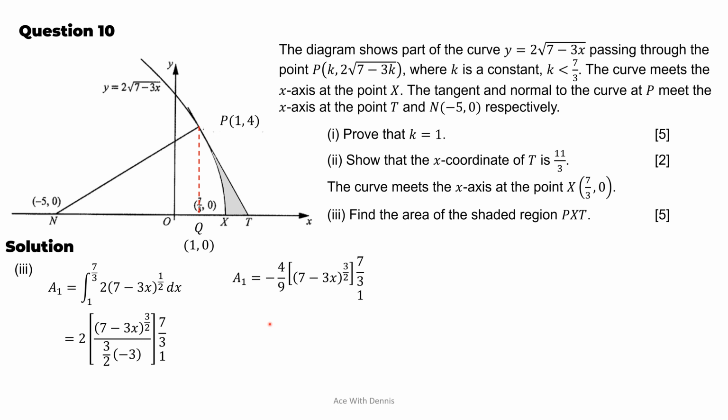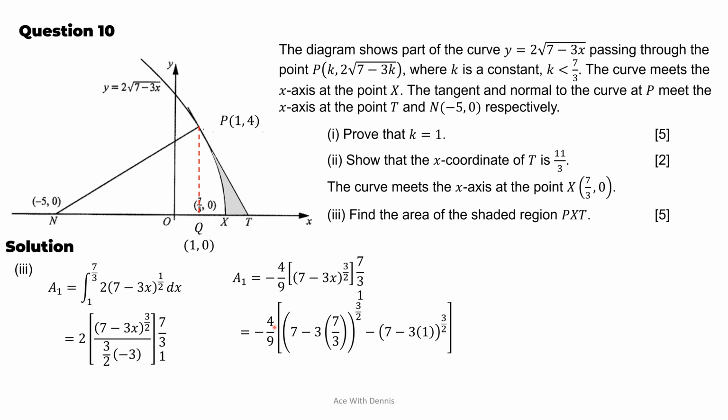Now simplify this area, we get negative 4 over 9 bracket (7 minus 3x) to the power of 3 over 2. The range is from 1 to 7 over 3. So calculate the value by substituting 7 over 3 inside and then minus substituting 1 inside.